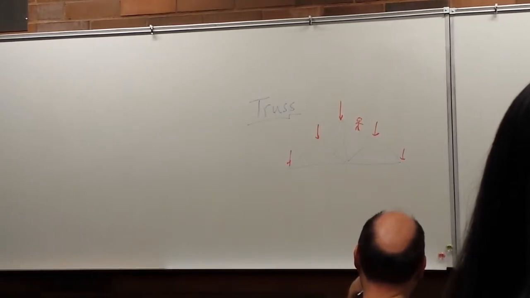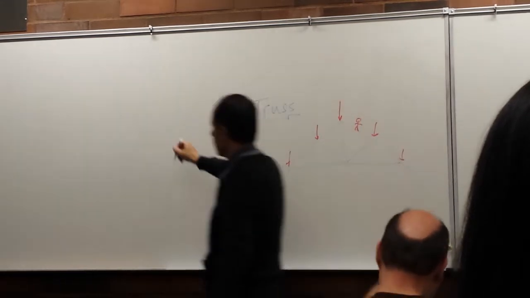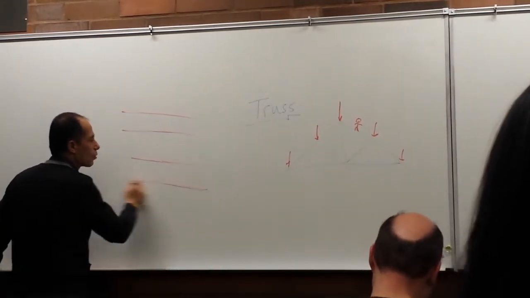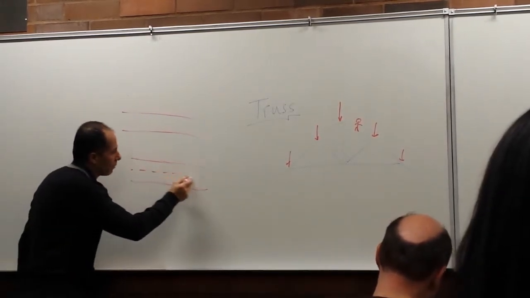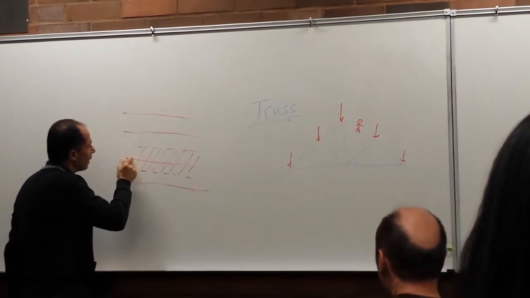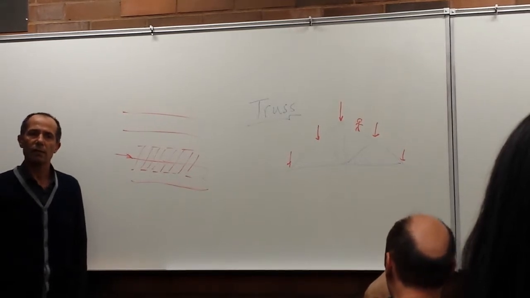What we do. So here is the roof. From the top you look at the roof. You have these 2x6s, 2x12s, whatever you have. So I come here to the middle, and I say this area is carried by this guy here. Agree?